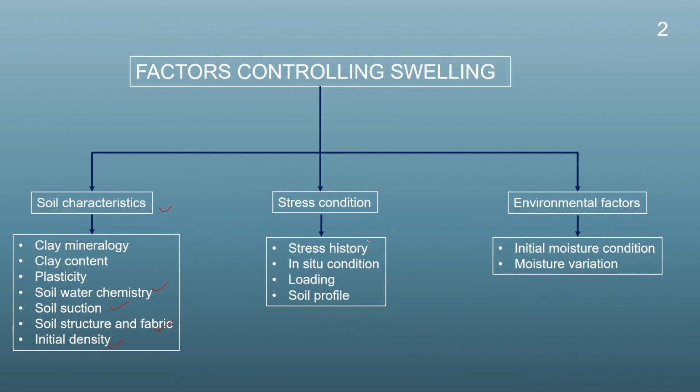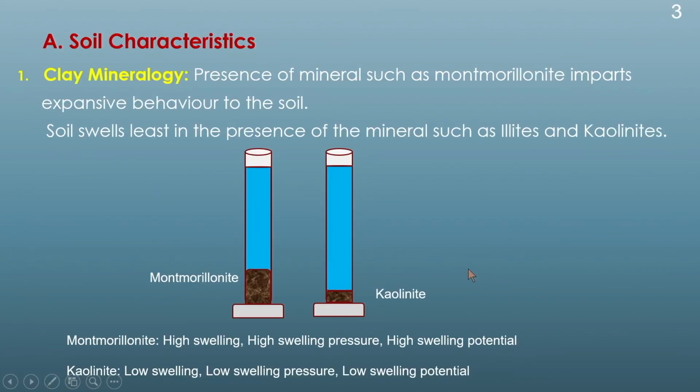Under the stress condition, the stress history, in situ condition, loading, and soil profiles come, whereas the environmental factors consist of the initial moisture condition and the moisture variations. So, we will learn all these factors one by one and how they control the swelling behavior of an expansive soil. The first one is the soil characteristics.